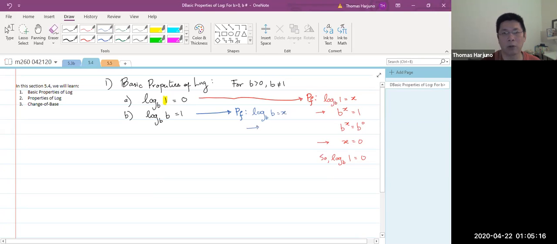Now, rewriting it in exponential form, b to the x equals b, but b itself is b to the 1. So by one-to-oneness, x equals 1. So log base b of b equals 1.